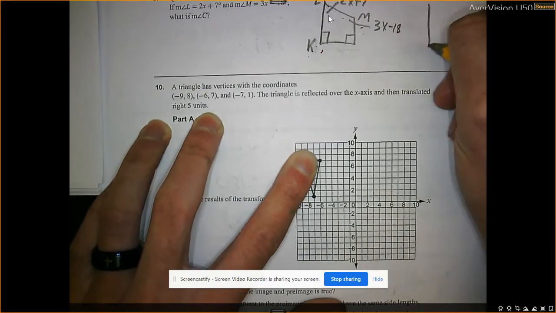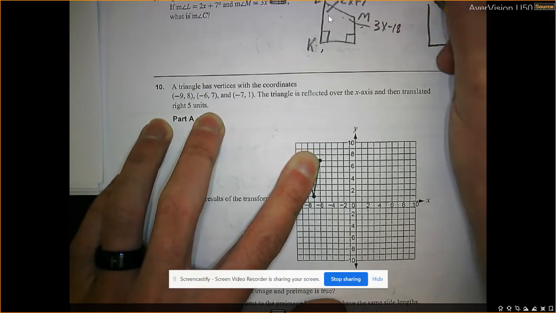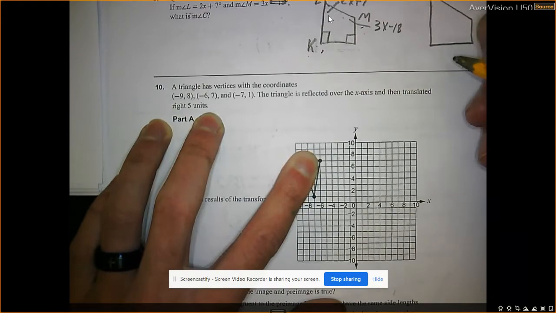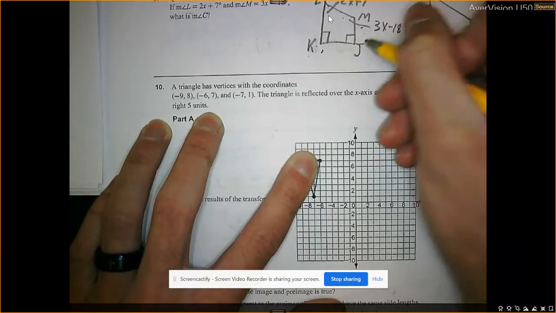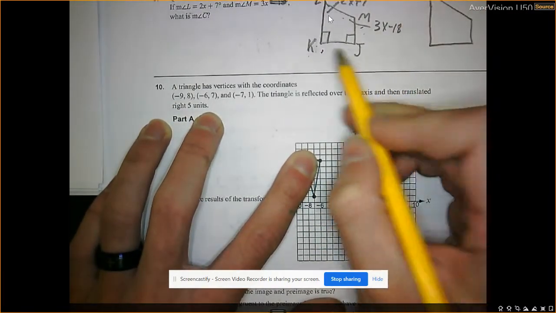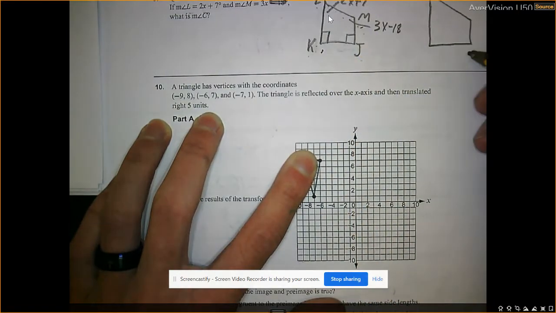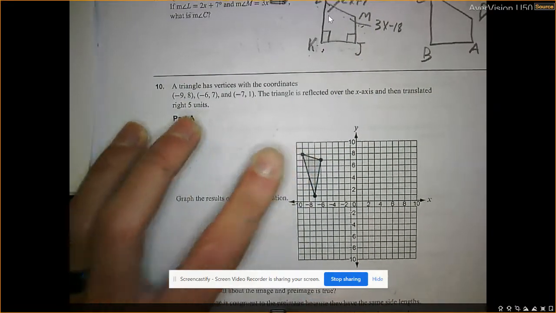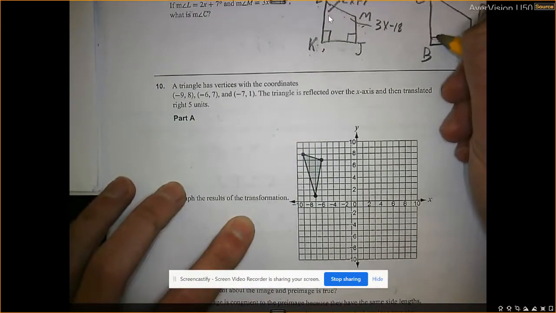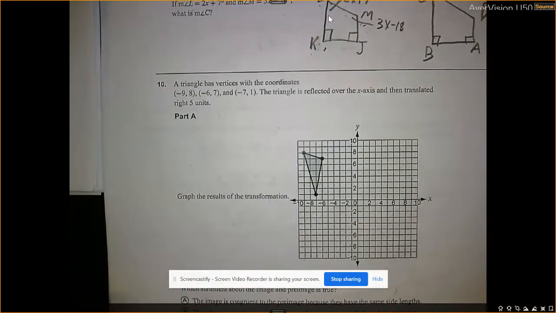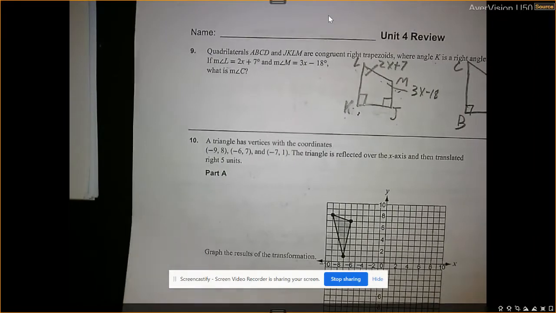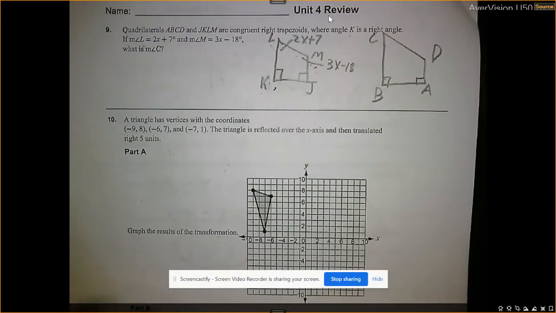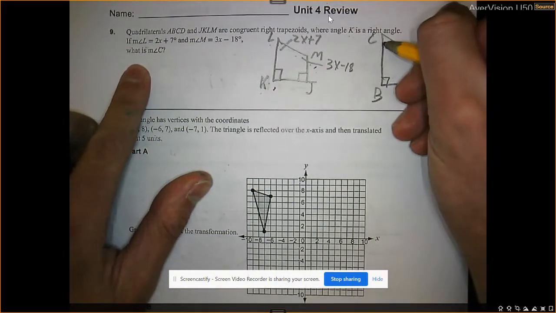And then we just have congruent right trapezoid ABCD. This would have to be J. So if I go JKLM, then I need to go from A to B to C to D in that corresponding order, making these two right angles. And it's asking, what is the measure of angle C?